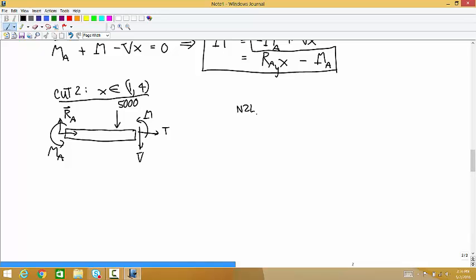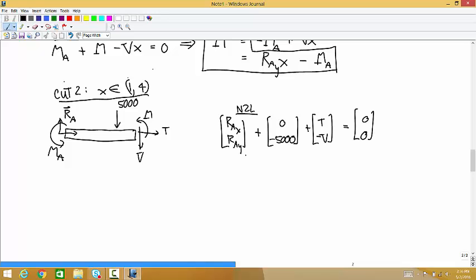So Newton's second law says RAX, RAY plus 0, negative 5,000 plus T, negative V is 0. So T is equal to negative RAX, and V is equal to RAY minus 5,000.